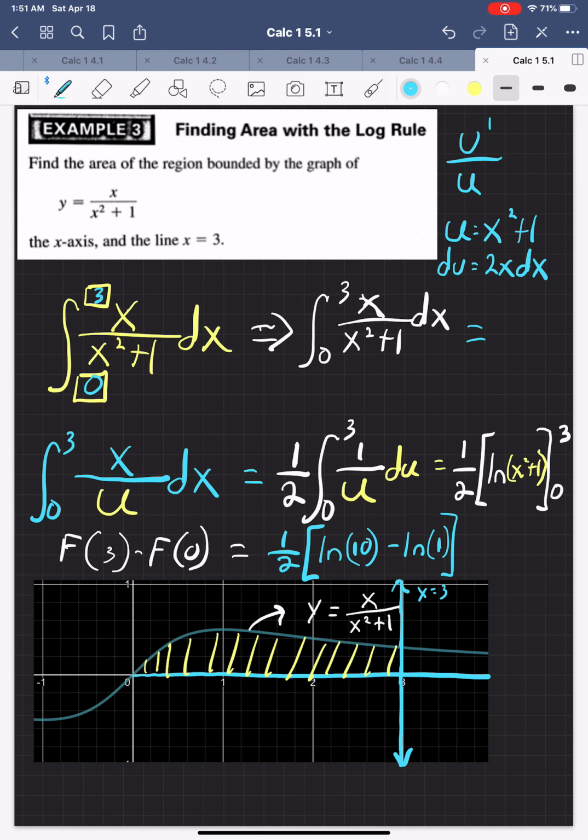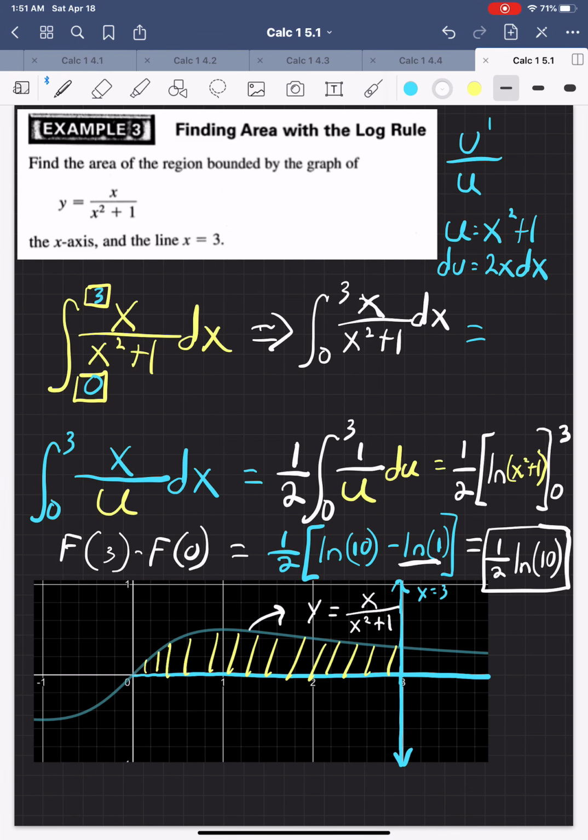Okay, let's simplify that. Let's clean up our mess. So ln of 1, right here, ln of 1 is 0. So what you're left with is just 1/2 ln of 10.